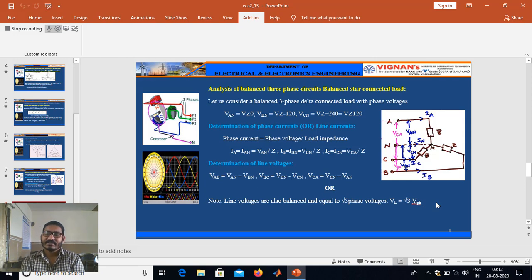That's why VL equals root 3 into V phase at plus 30 degrees. It means if you want to find VAB, VAB equals root 3 into VAN at an angle plus 30 degrees.